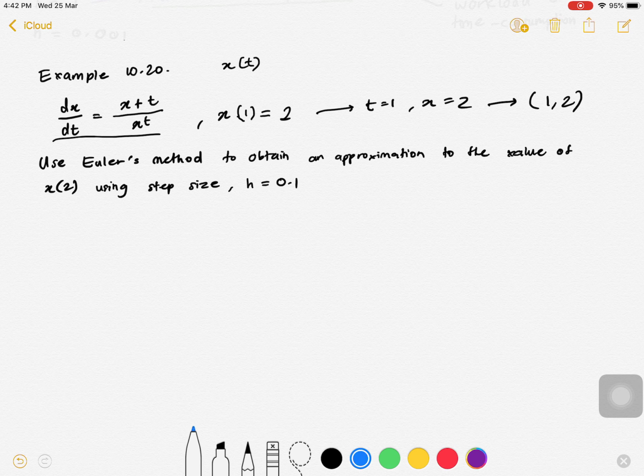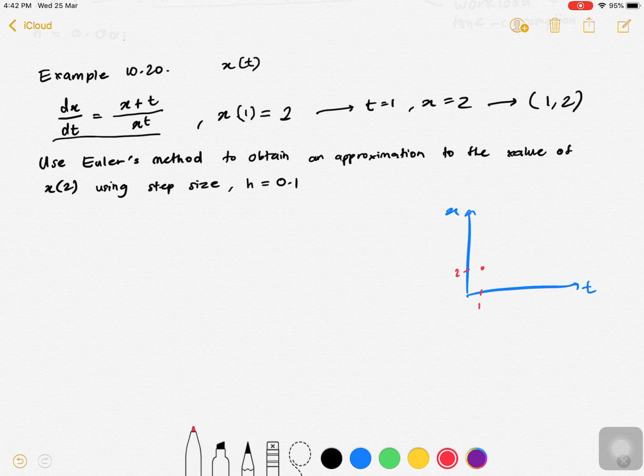So actually we can make a curve, x versus t. The first point should be (1, 2), so it's somewhere around there.